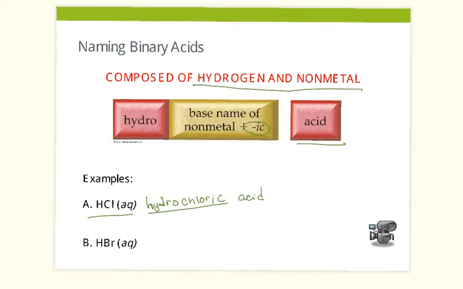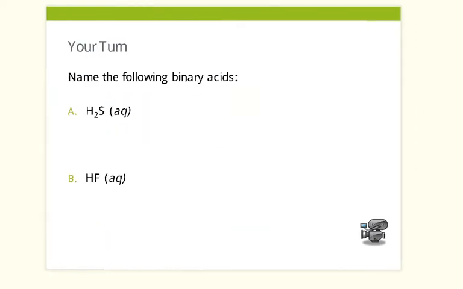Okay, here we have HBr, binary, so we name it hydro, brom, and then we put the ic ending followed by a space and the word acid. Okay, now you try to name the following. We have a hydrogen first, so it doesn't matter that there's two, we still call it hydro.